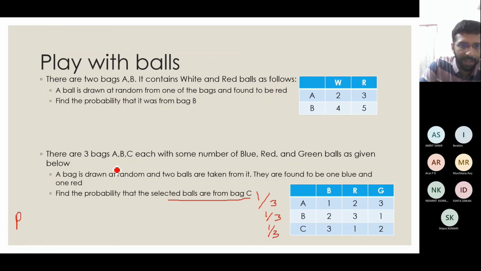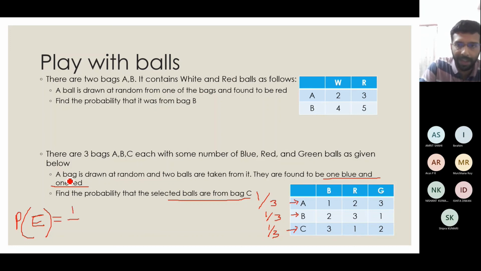Suppose my event here is 1 blue and 1 red. So that is my event D here. Let me try to find the probability that I will choose 1 blue and 1 red ball from bag A, 1 blue and 1 red from bag B, 1 blue and 1 red from bag C, and add it up. That will give me the net probability that I will choose 1 blue and 1 red.